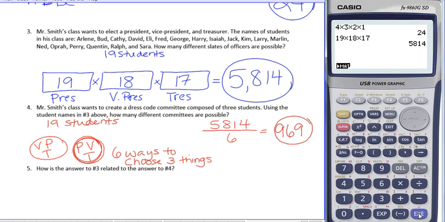Number 5 says, how is the answer to number 3 related to the answer to number 4? Well, the way this works is you divide by the number of repeats.